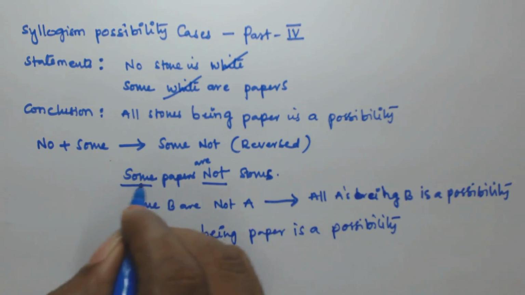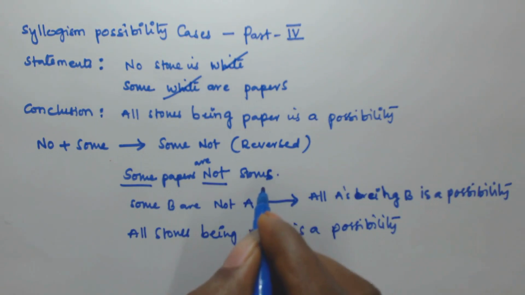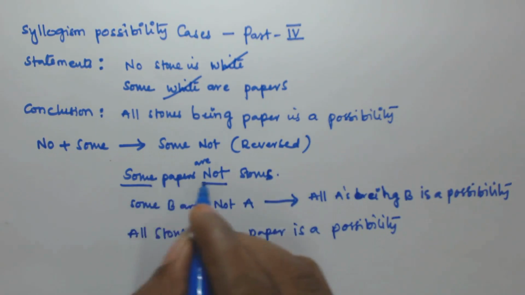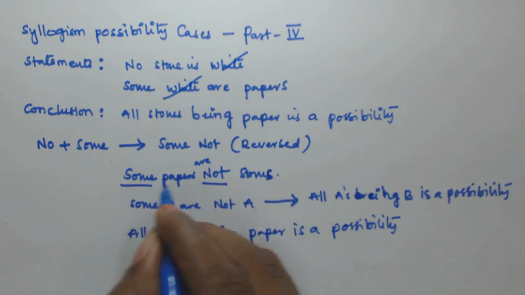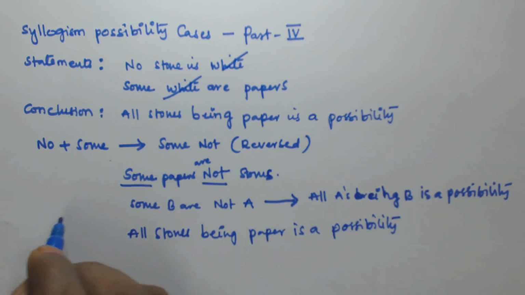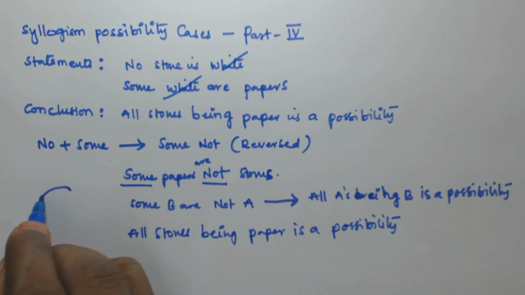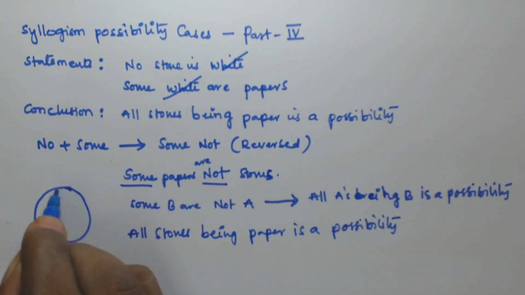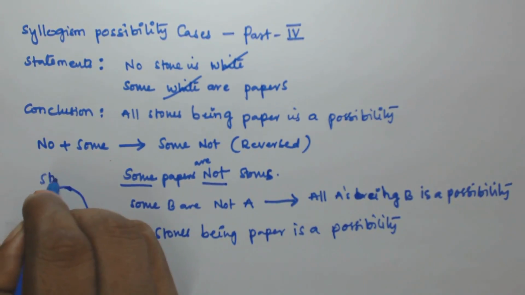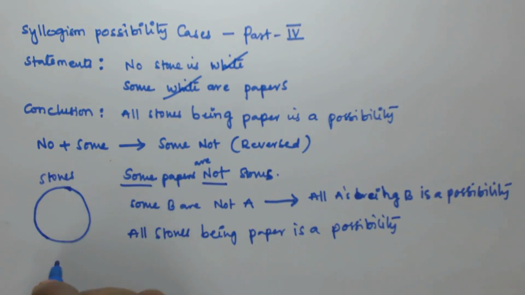Otherwise, you can draw the Venn diagram of this. Some papers are not stones. If this is the Venn diagram, this one is stones, and we take this bigger one as papers.